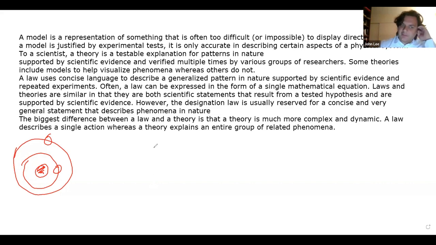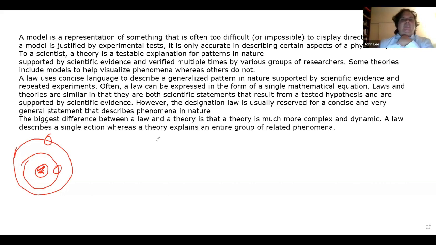So you have the theory of relativity, which has a ton of different things going on in it. It has length contraction, it has energy, it has time dilation, stuff like that.